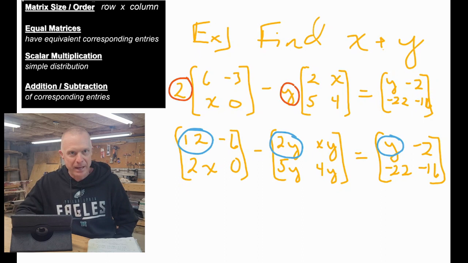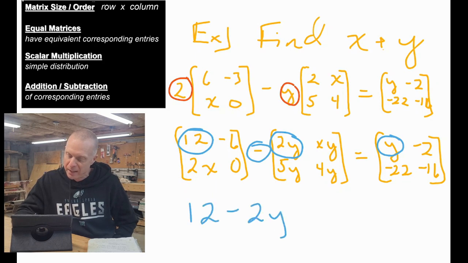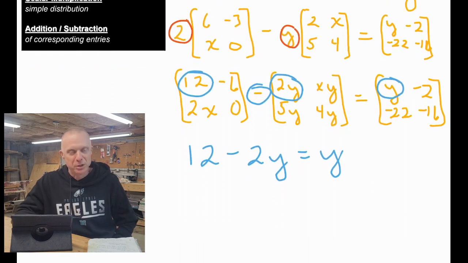So here we go again with the first entry that's in the first row, first column. And because of subtraction, we're simply going to create 12 minus 2y equaling y. And as you survey the situation there, it's pretty easy to finish that and be able to find what y equals. So might as well find out that y equals 4.